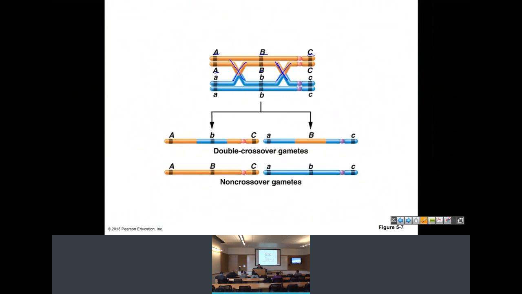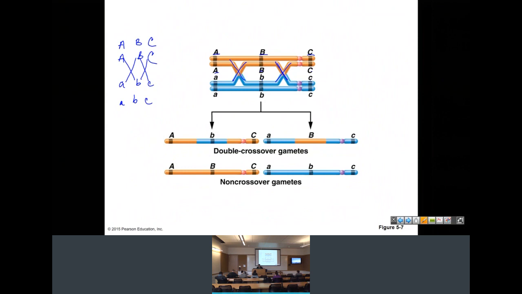Okay, I need you to take a little bit of time to look at that. Okay, so again, we started with big, big, big and small, small, small. And if there is a double crossover, the gene in the middle is always going to be flipped.